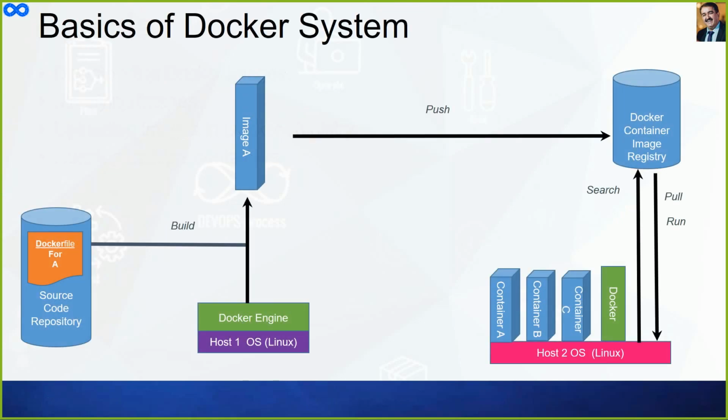So the basics of the Docker system, as you have seen during the demonstration: you create a Docker file in a directory of your choice. Let's say it is a Docker file for image A, which has the other source code as well. Call it the image file system, IFS.